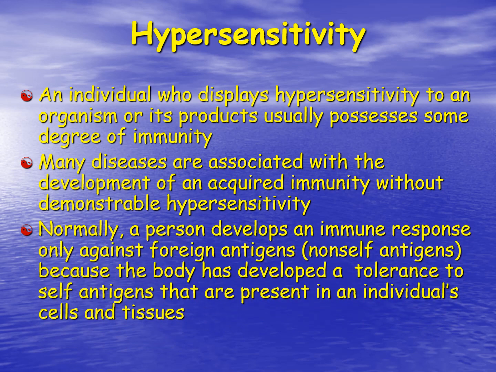So normally, a person develops an immune response only against foreign antigens, or as I call them again, non-self antigens, because the body has developed a tolerance to our own self antigens that are present in our cells and tissues. So normally, our system only responds to the non-self antigens without attacking our self antigens.